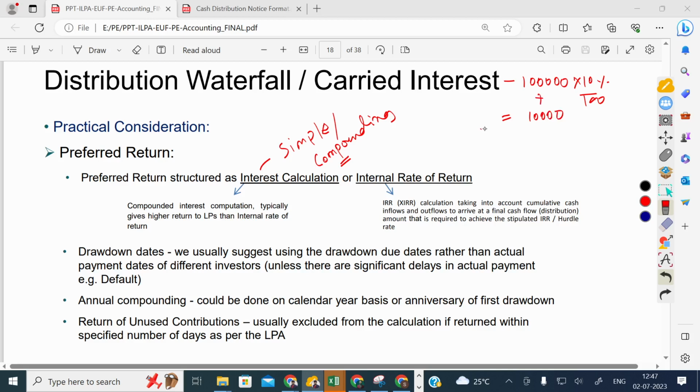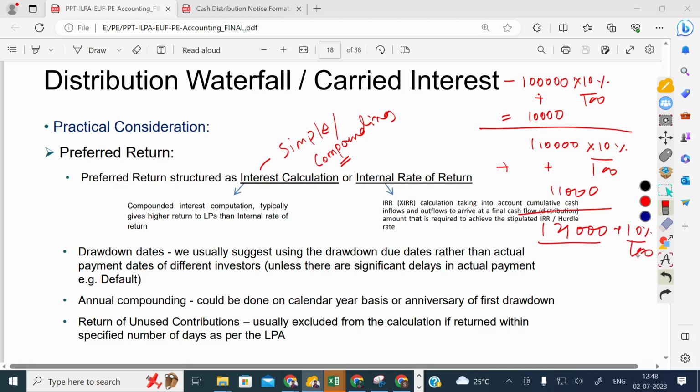So total investment for next year would be 1,10,000. Next year you can calculate 10% on this amount. So it becomes 11,000, right? 11,000 plus this, 1,21,000. That would be for the third year. In that way you can calculate your compounding.